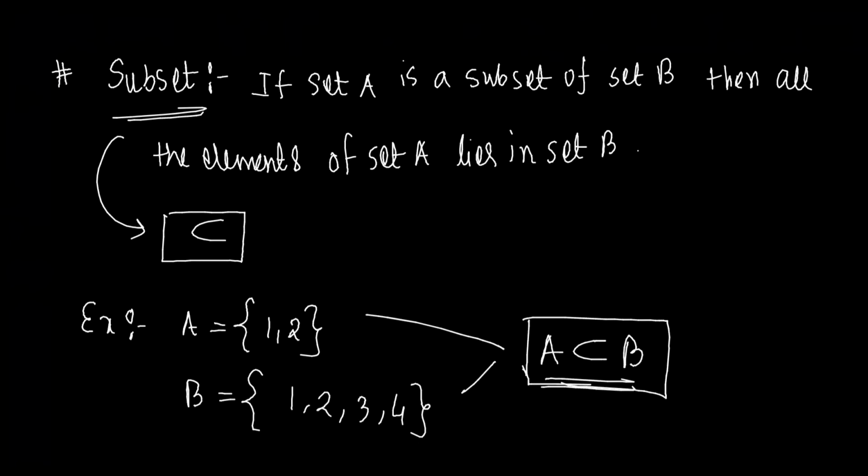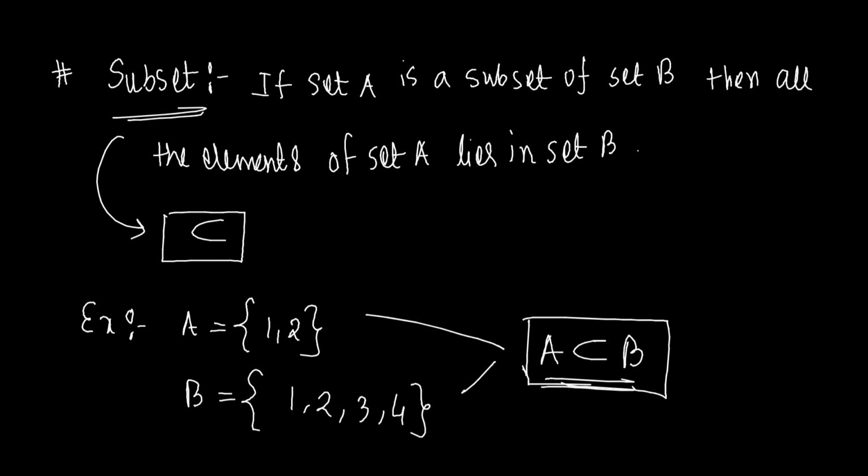For example, A has 1, 2 and B has 1, 2, 3, 4. Here 1 and 2 are both present in B, so A is a subset of B.